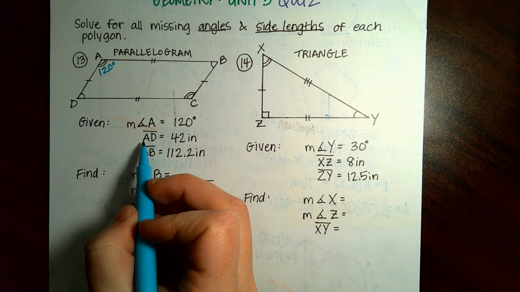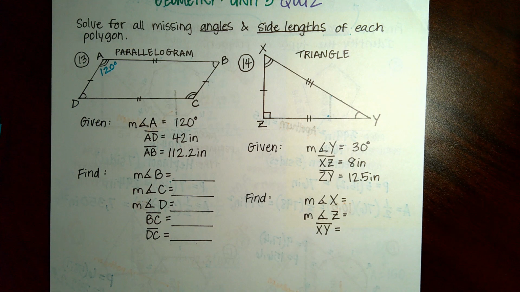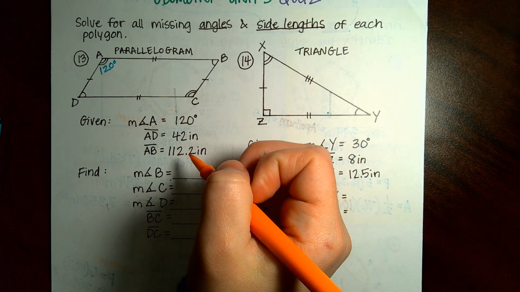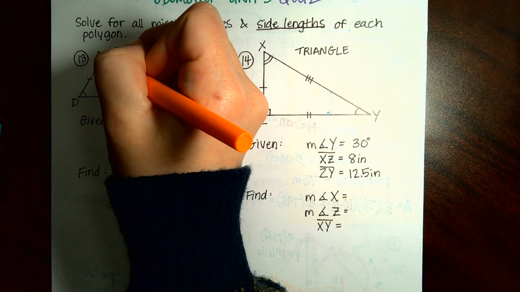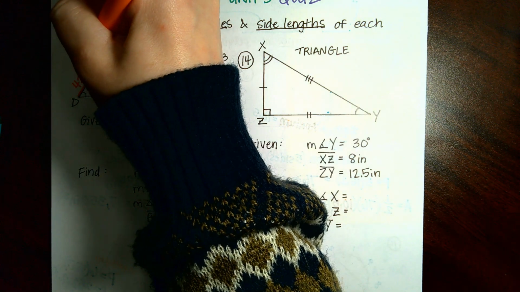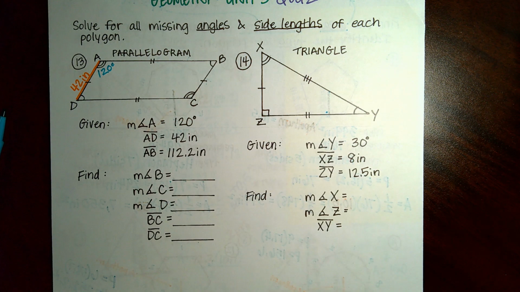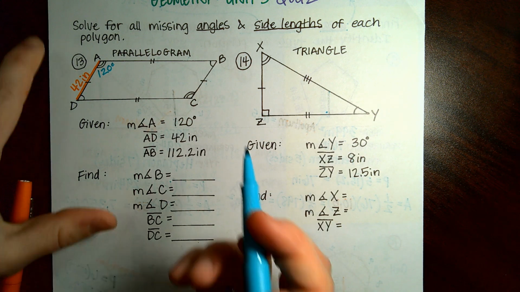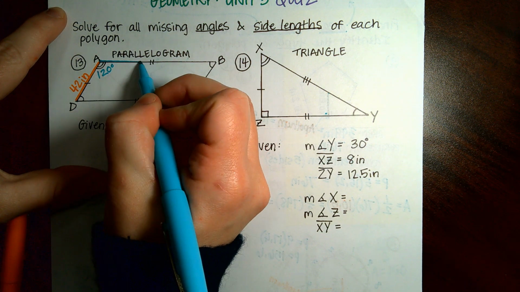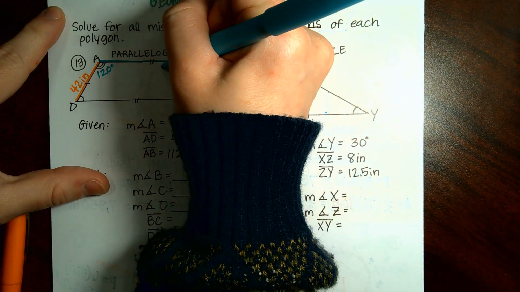We know that the length from A to D is 42 inches. We know that from A to B, we have 112.2 inches.